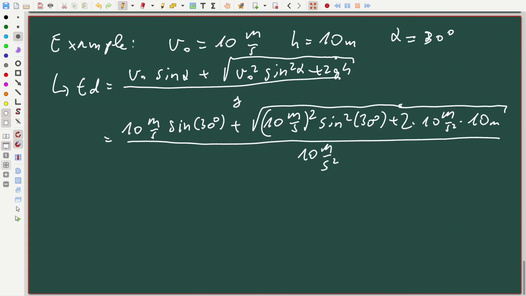Okay, so now what we can already see here is that we have 10 meter per second times sine of 30 degrees, and I said before this is 0.5. So here we have 5 meter per second. And in our square root, we have 100 times 0.25 because of sine squared, and this gives a value of 25.